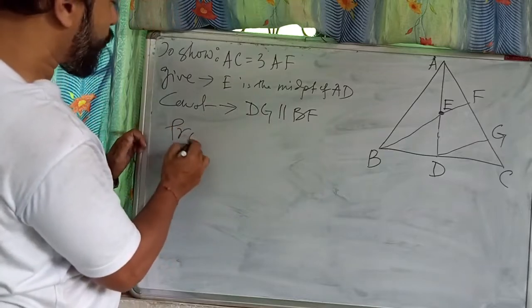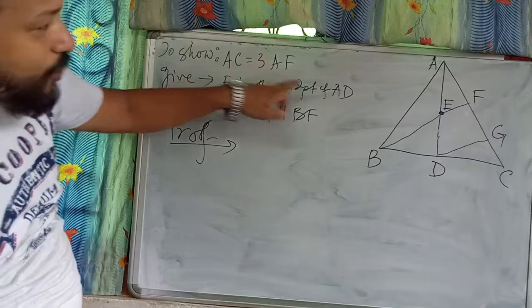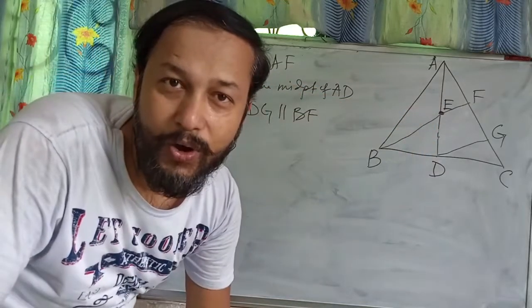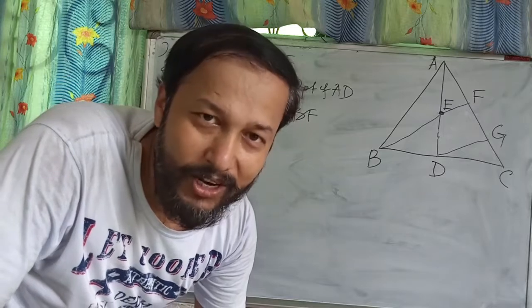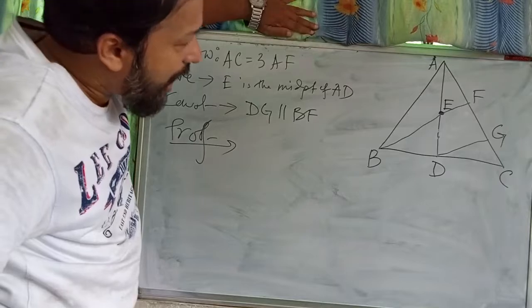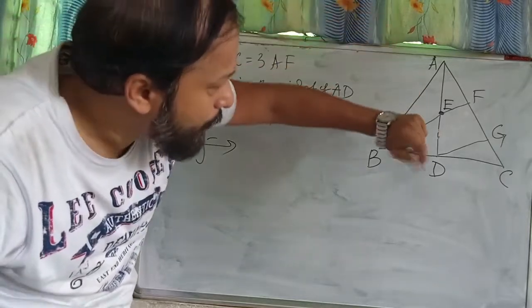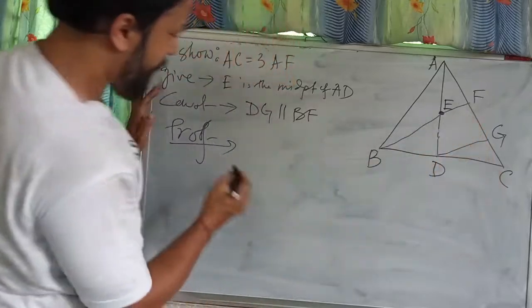Now we have to show AC equals 3AF. We can prove it by using the midpoint theorem. See how. First of all, we take the triangle BCF.